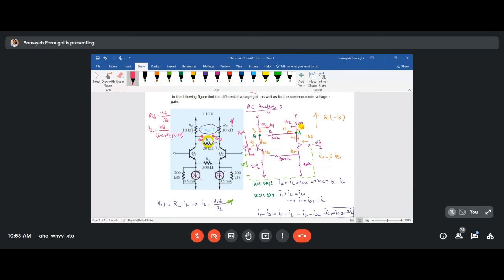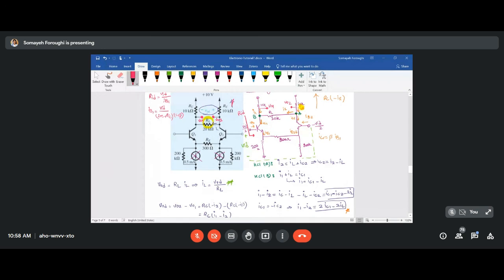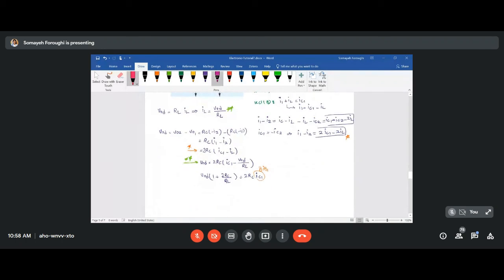And if I replace IB1 here, finally I can have 2 times of RC beta. Instead of IB1, I'm going to replace it with what I had above, the ID over 2re plus that capital RE times 1 plus beta.